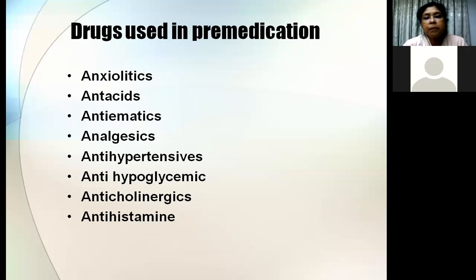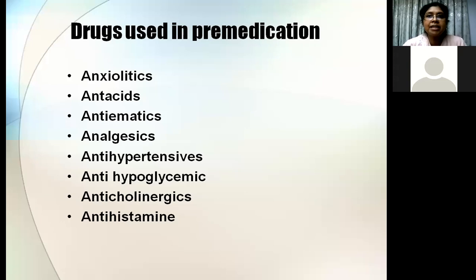Then hypoglycemics. Now, actually, anti-hypoglycemics, I have put it that way because for you to have an A on for the sugar lowering drugs. So the drugs that are used in diabetes are called anti-hypoglycemics.